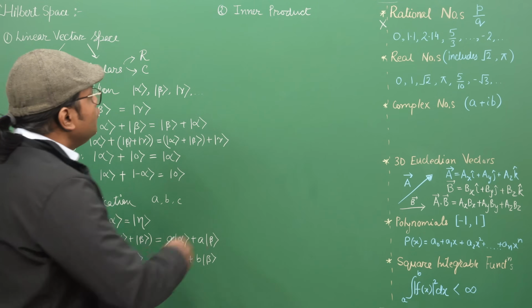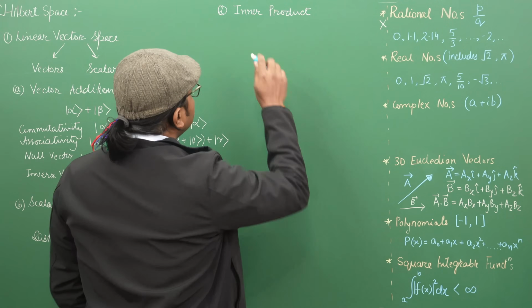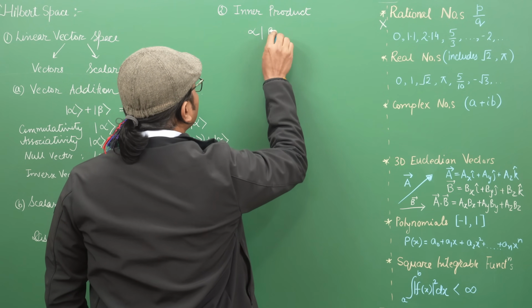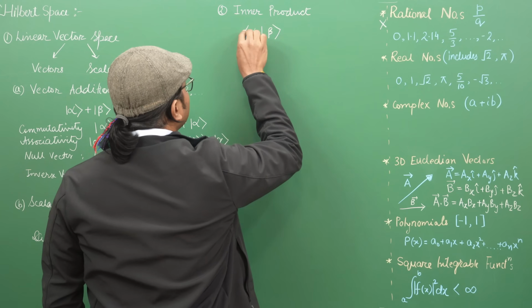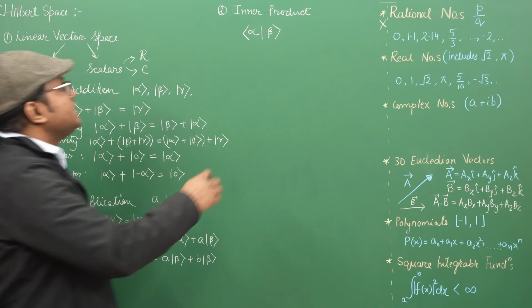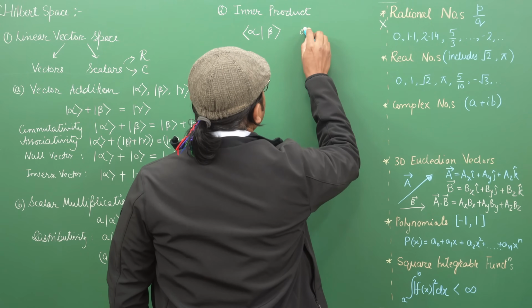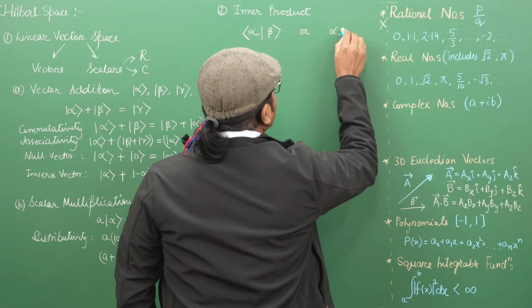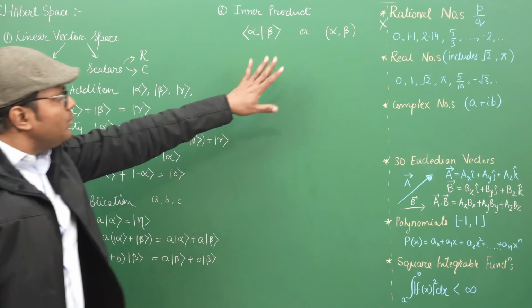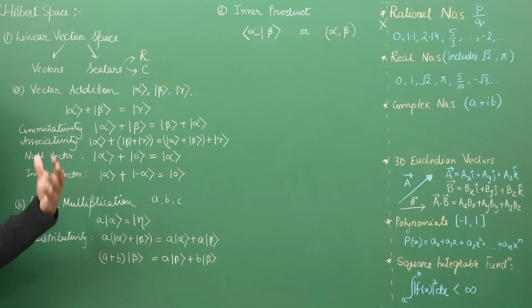So if we have two vectors, alpha and beta, let's suppose, then we can define an inner product in this particular manner, in Dirac notation, or in general sometimes it is also written as alpha comma beta within brackets. This is simply the representation of an inner product.